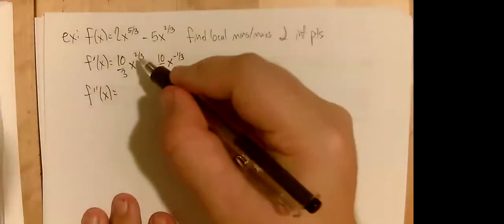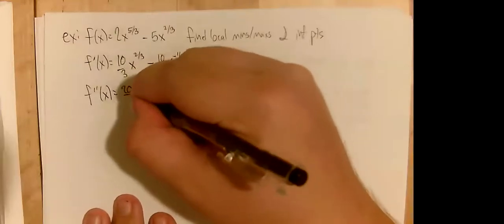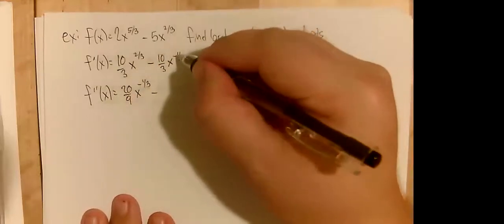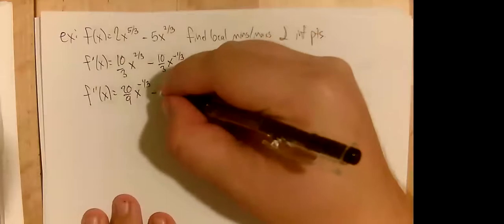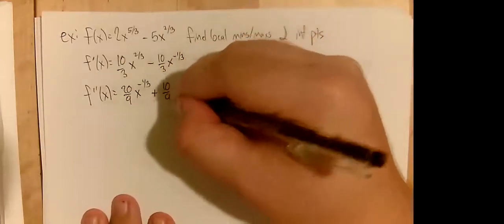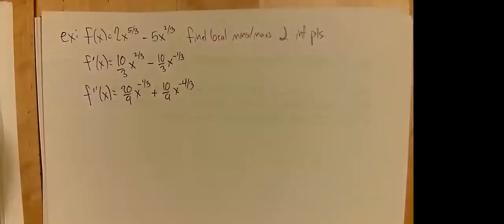Then for f double prime, we do the same thing again. We multiply by 2/3 here, giving us 20/9 x to the negative 1/3. And over here, the negative times the negative will yield a positive, and we're going to have 10/9 x to the negative 4/3.